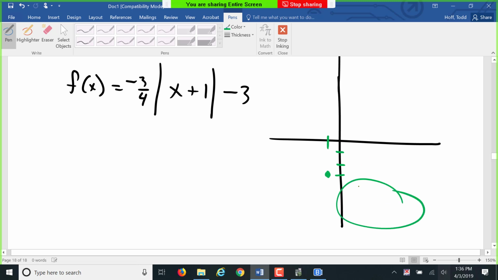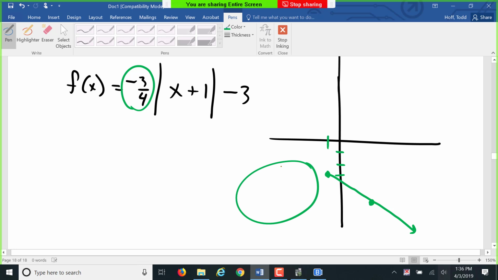On this side, what slope is that going to have? Careful. Negative 3/4, negative 3/4. So from this point, we go down 1, 2, 3 over 1, 2, 3, 4. There's my next point.